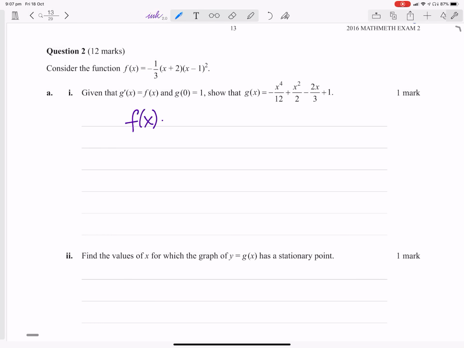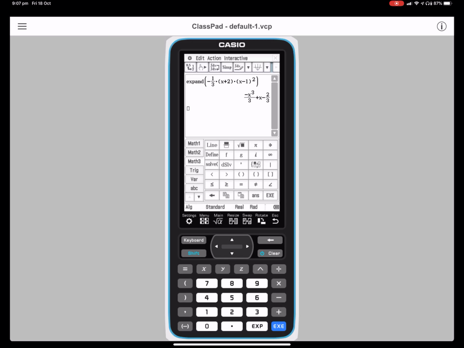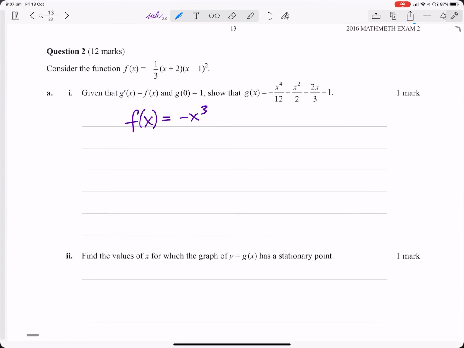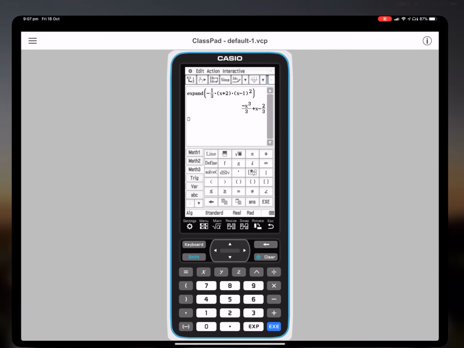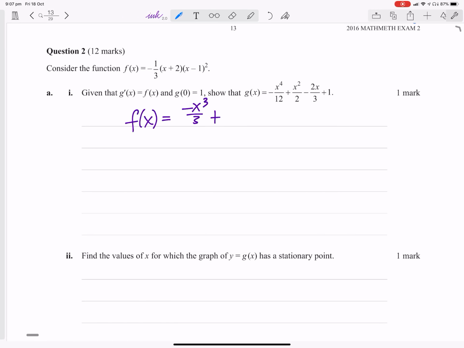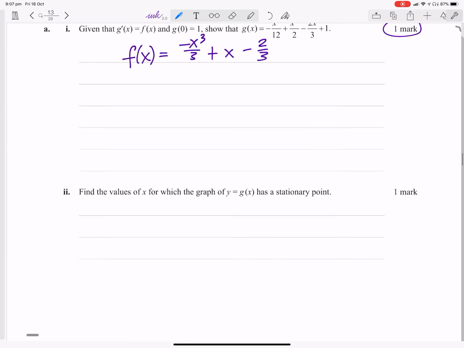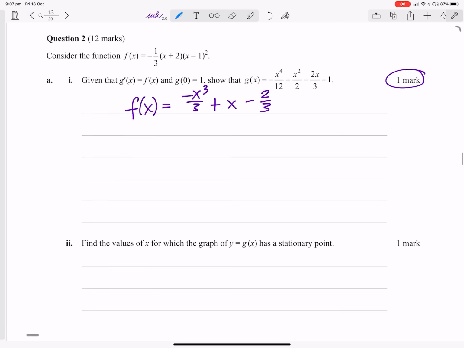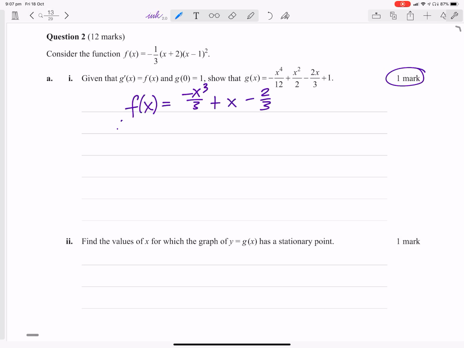So f of x is negative x cubed on 3 plus x minus 2/3. It's worth 1 mark. So it's kind of stupid because it says you only need to do working for 1 mark. Therefore, g dash of x is equal to negative x cubed on 3 plus x minus 2/3.